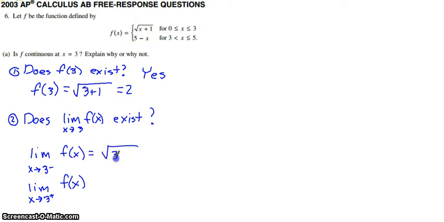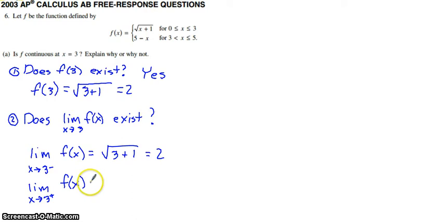And we actually already did this. We evaluated the top definition of the function at 3 when we were considering whether or not the function value existed there. So the limit as we approach 3 from the smaller side using the top definition of the function is going to be 2.